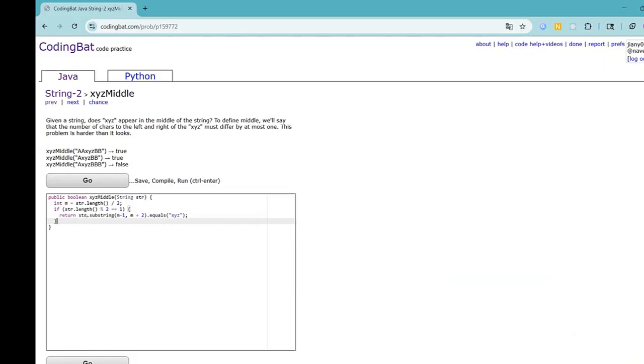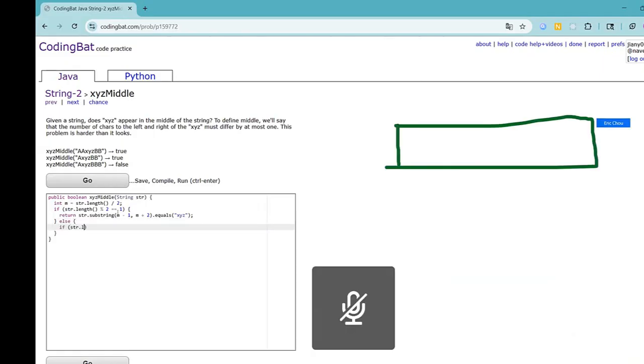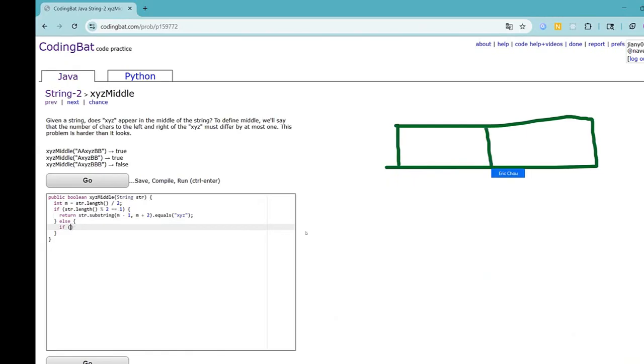Okay, now you get the odd case done. Now work on the even case. So even case, you have two cases. You have these.